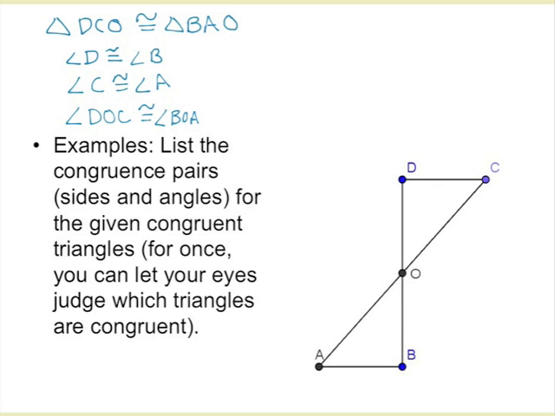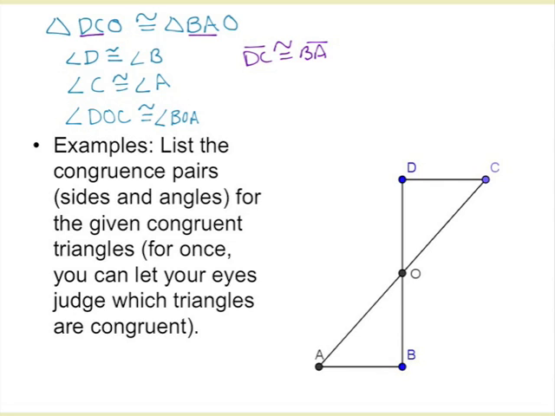If you have already named your triangles, naming the sides is the easiest step because we can just steal the side names right from the triangle names. So what I'm going to do is take the first 2 letters and say they should be the same as the first 2 letters. So DC should be the same as BA. Order matters, so keep them in that order. DC is the same as BA.